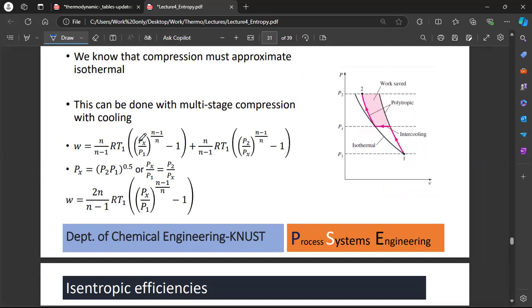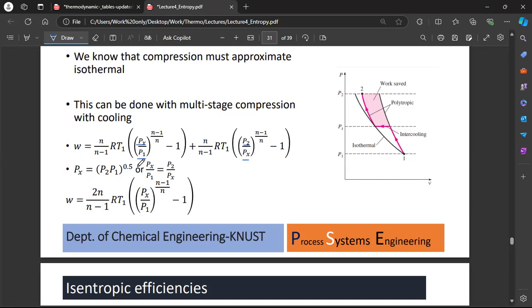Now instead of taking it from P2 to P1, we're going to take it from P1 to Px first, and then from Px to P2, using the same relation. And the expression for Px is just the square root of P2 times P1, that is, P2 times P1 to the power 0.5.